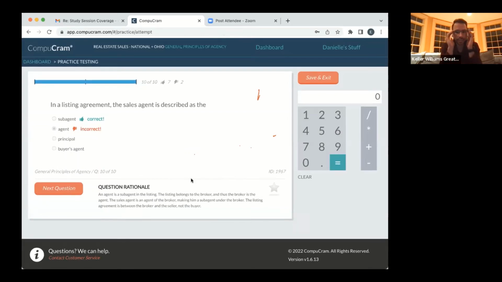The agent is a sub-agent in the listing. The listing belongs to the broker, and thus the broker is the agent. The sales agent is the agent of the broker, making him a sub-agent under the broker. The way the state is looking at it is, when we are listing agents, unless we're actually the broker, we are a sub-agent of the broker.